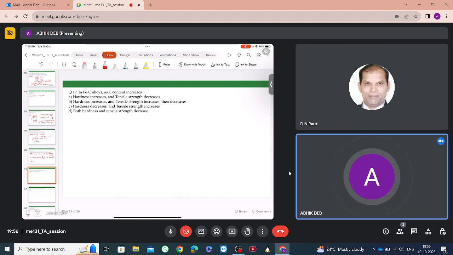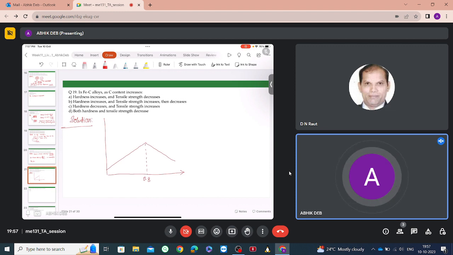It is not necessarily that the hardness increases is correct, but the tensile strength will actually first increase and then decrease. If we draw the iron carbide diagram, we'll get something like this. This is the region of the eutectoid point, that is 0.8.